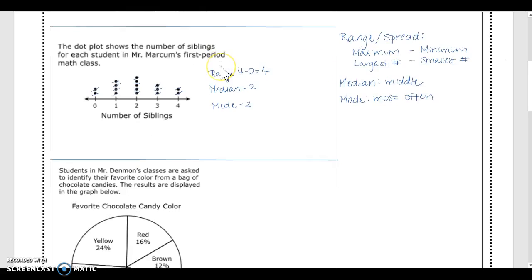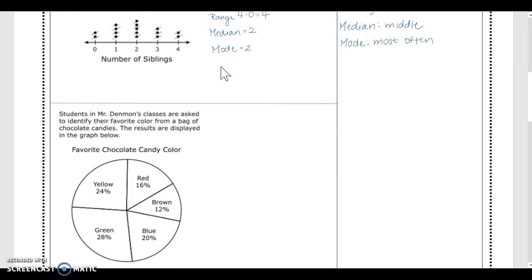So I also want to add in here a box plot, okay? So here, say we have a box plot. Okay, there.